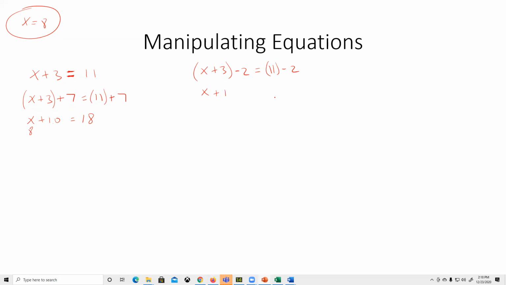Or if you don't want to go down that route, you can just keep these numbers as they are: x plus 3 minus 2 equals 11 minus 2, which is 9. You don't have to simplify 3 minus 2 yet if you don't feel comfortable. But either way, if I let x equal 8, you'll see that 8 plus 3 is 11, minus 2 is 9, still true.